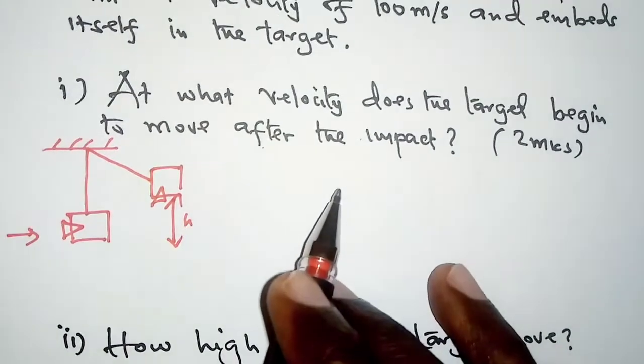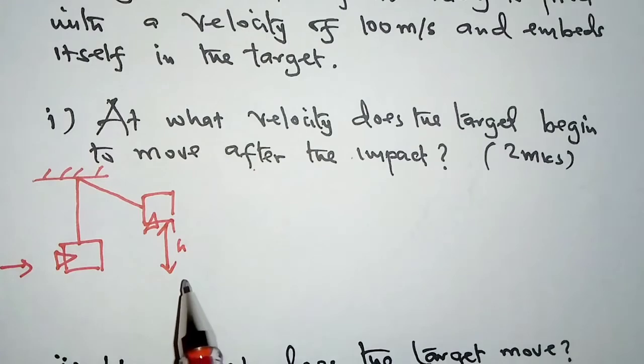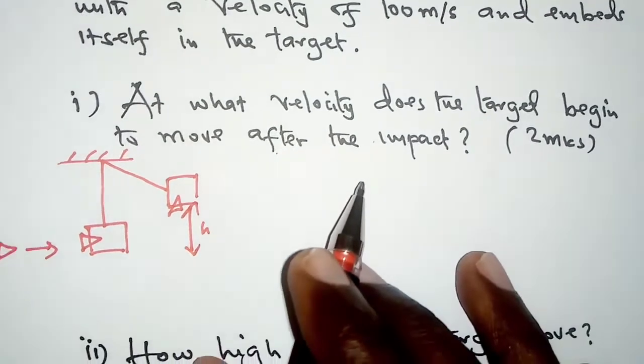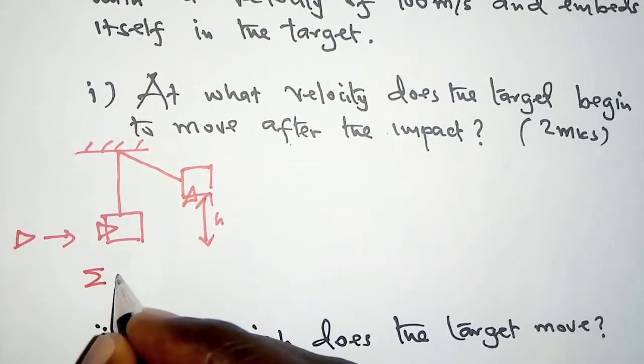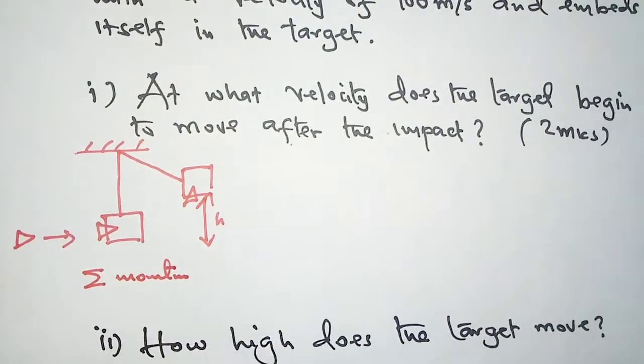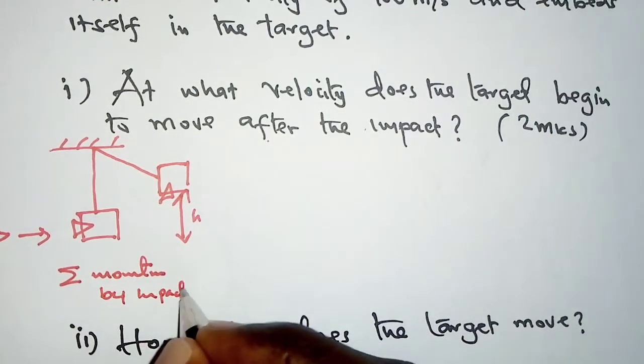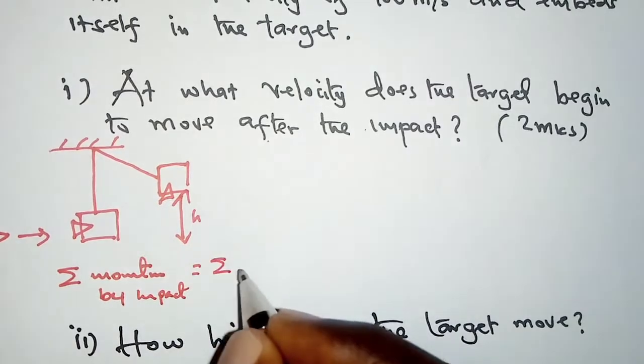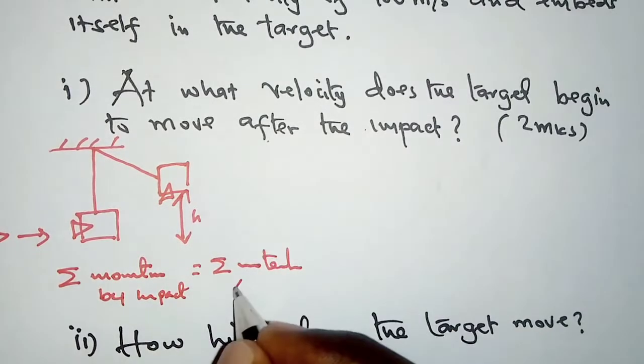At this point, we are going to apply the law of conservation of linear momentum, of which we know that the total momentum before impact should be equal to the total momentum after impact.